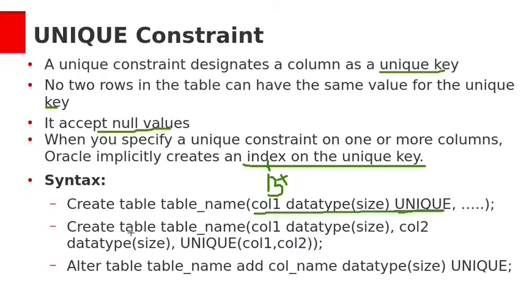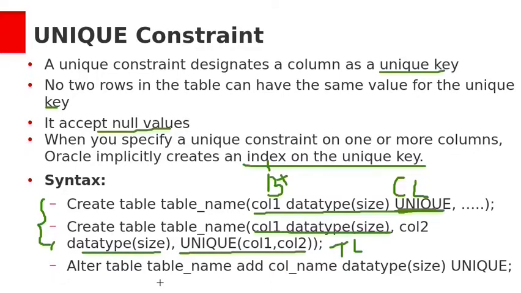In this table level syntax, first we will create table with all the columns. After that, you will define this unique constraint: unique on column 1 and column 2. This is the table level syntax. This is the column level syntax. While creating the table, we can add the unique constraint by using these two syntaxes.